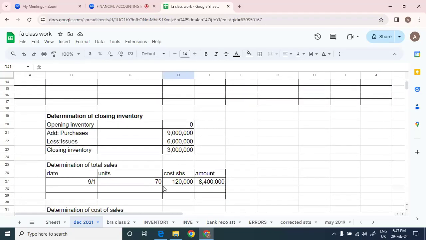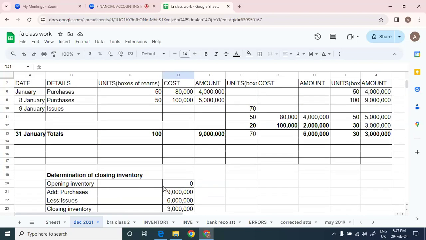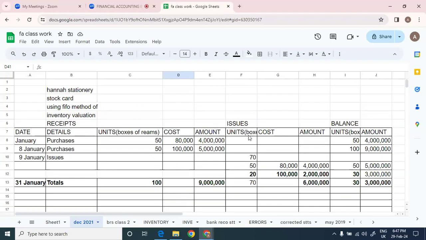That's why I was telling you the other time, you can look at the model paper and its solution. The model paper gives you how ICPAU goes on to mark. You find that each of the figures here, they are going to give it 0.5, 0.5.